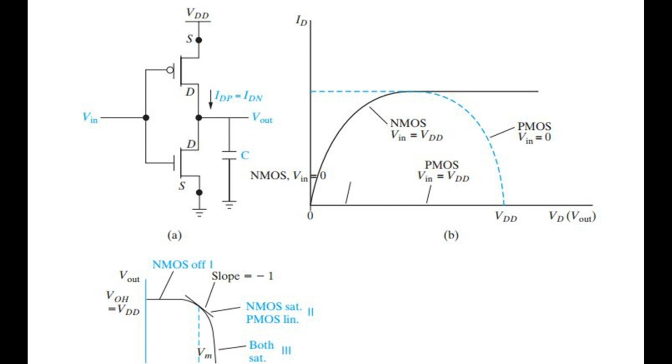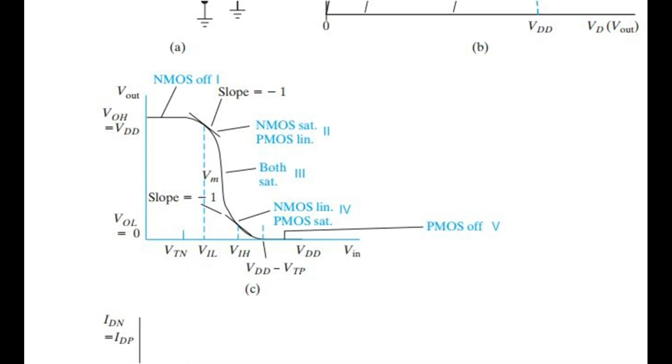C, VTC showing output voltage as a function of input voltage. The 5 key points on the VTC are logic high, VOH, logic low, VOL, unity gain points, VIL and VIH, and logic threshold where input equals output, VM. D, switching current from VDD to ground when the input voltage is in a range where both the N-channel MOSFET and the P-channel MOSFET are on.